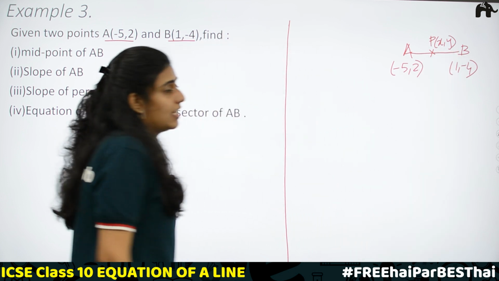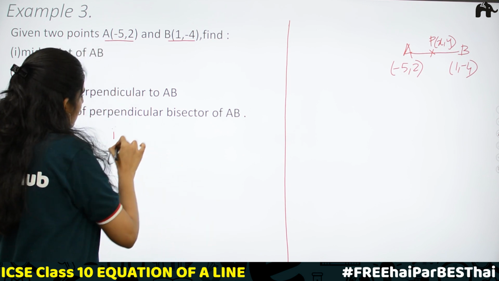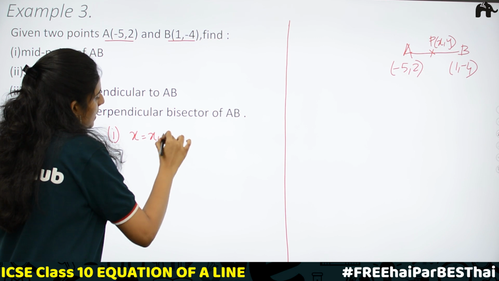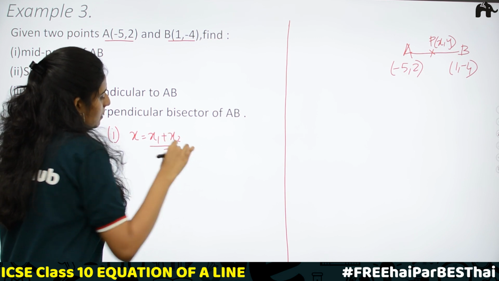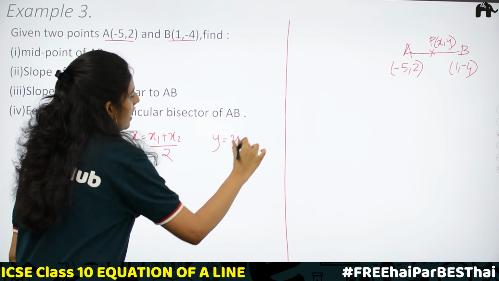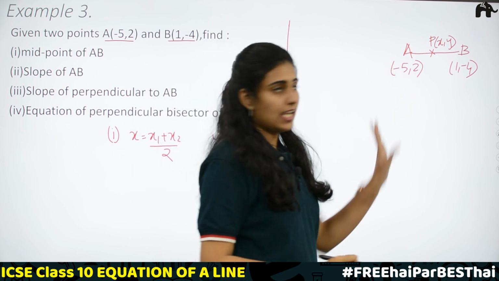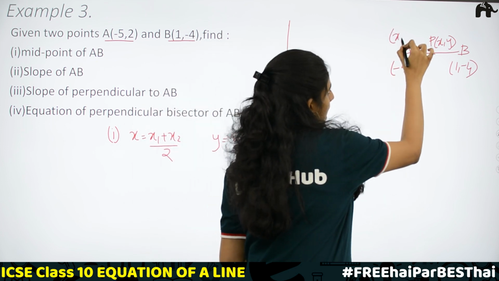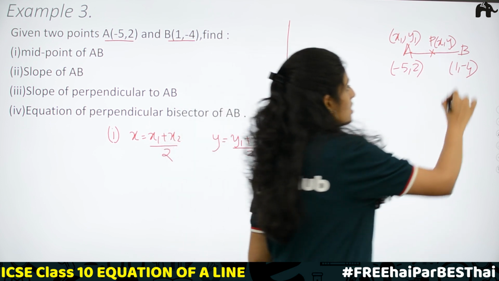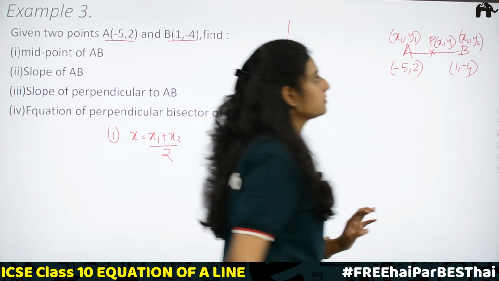According to the midpoint theorem, the x coordinate is equal to x1 plus x2 divided by 2 and the y coordinate is equal to y1 plus y2 by 2. Here the first point is A, so we take the coordinates of A as x1, y1, and the second point is B, with coordinates x2, y2.